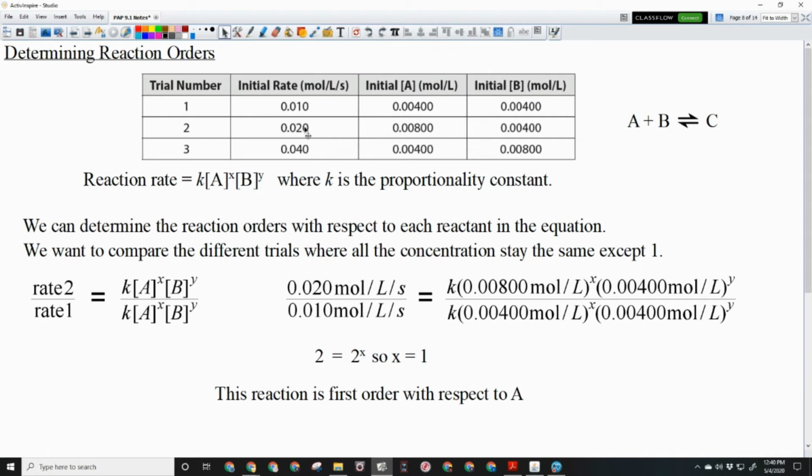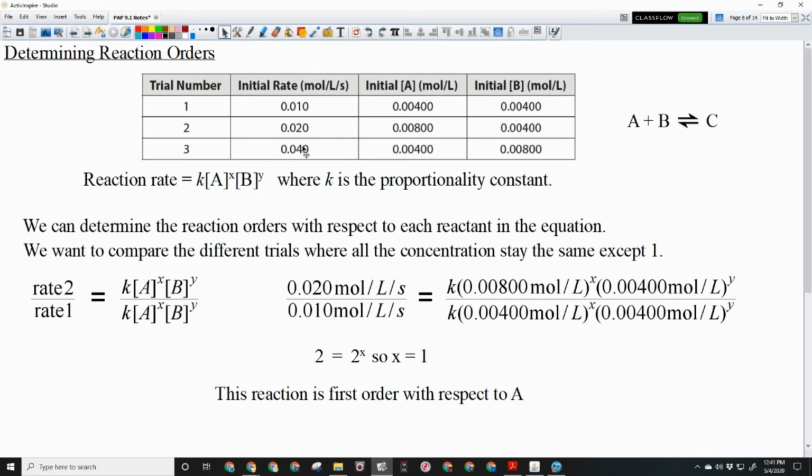Okay, so it came out that the rate increased. It actually doubled. Then we're going to have a third trial where this time we're going to hold A the same, 0.004. A is going to remain the same. We're going to increase B. When we increase B, we're going to get a different rate of the reaction.